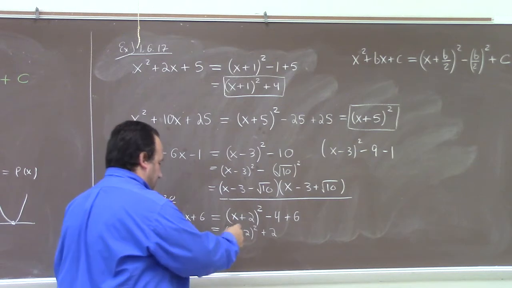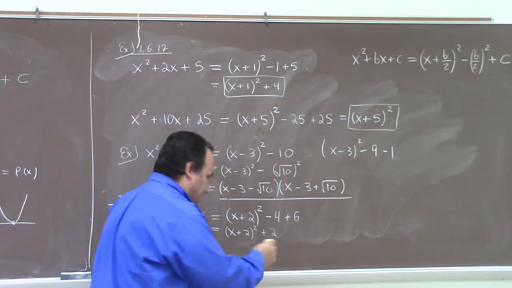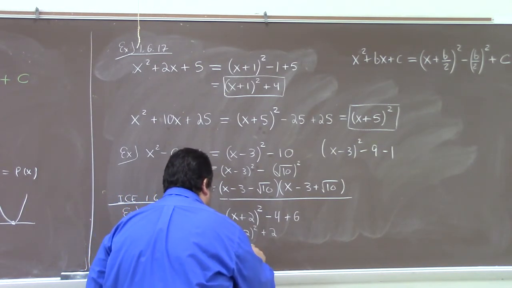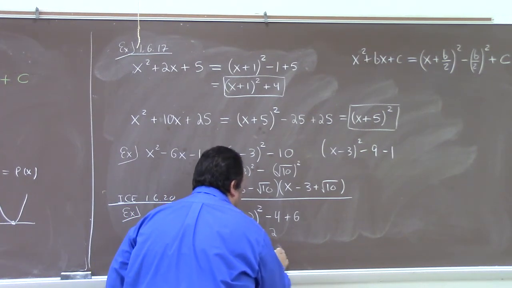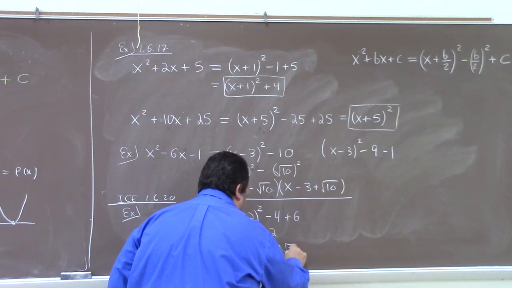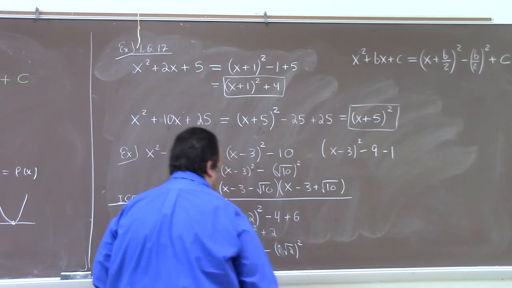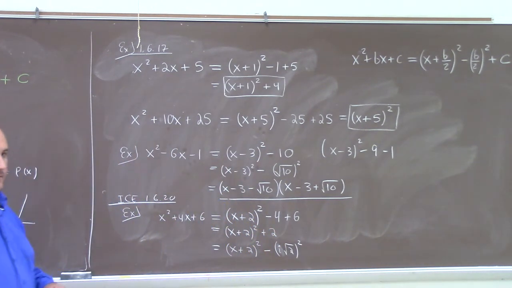So this is x plus 2 squared minus 2i squared. Well, square of i times the square root of 2, rather, because i times the square root of 2 squared is minus 2. So minus a minus 2 is plus 2.